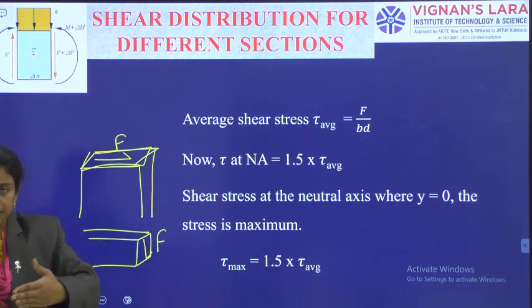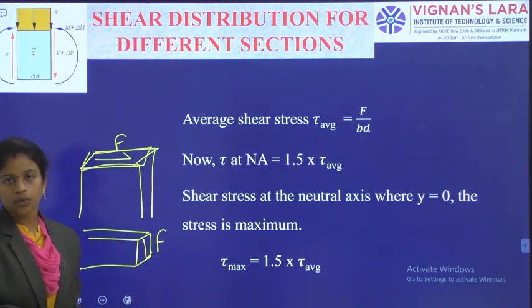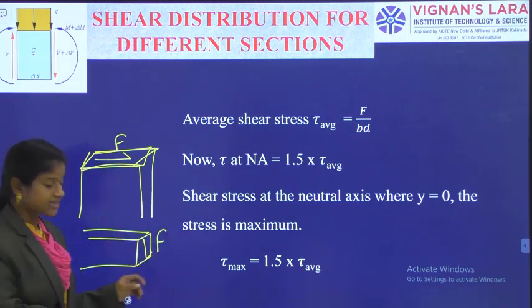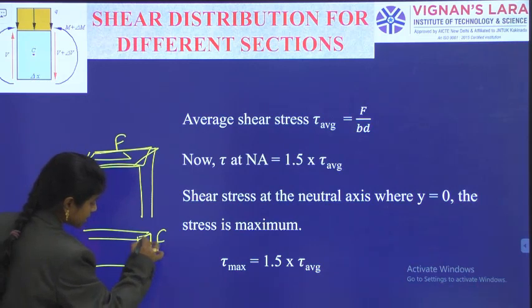Generally, shear stress means average shear stress only. On an average, what is the shear stress in rough value? That is the average shear stress, F by this shearing area.